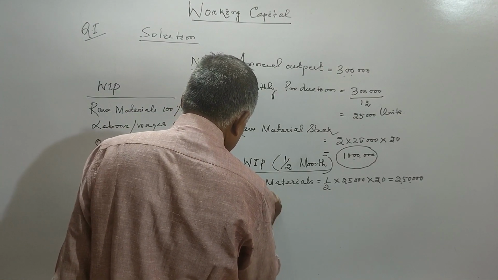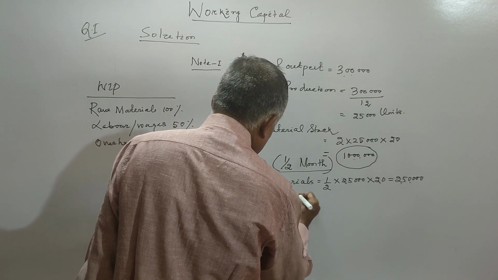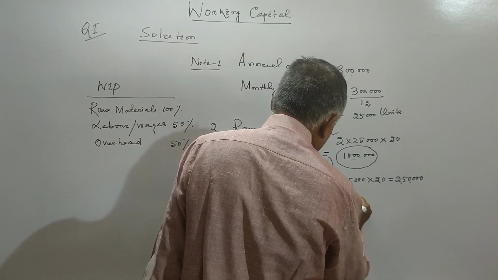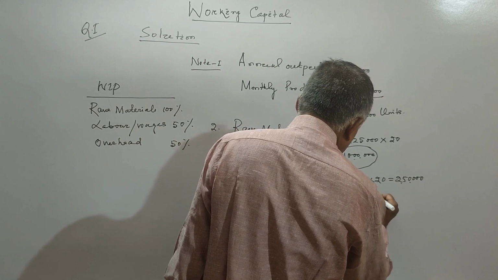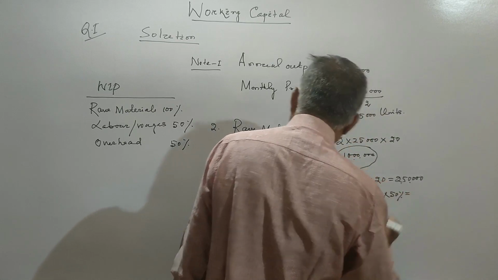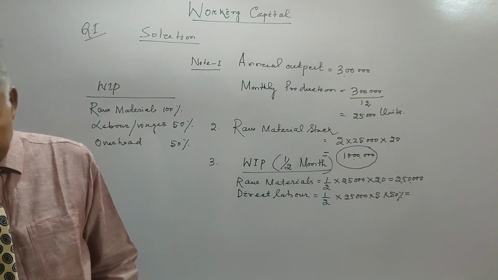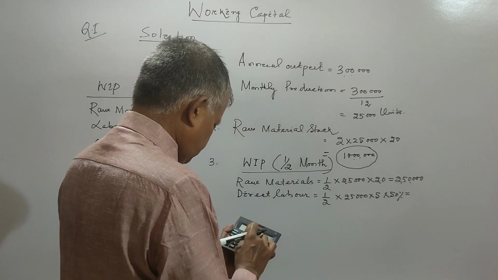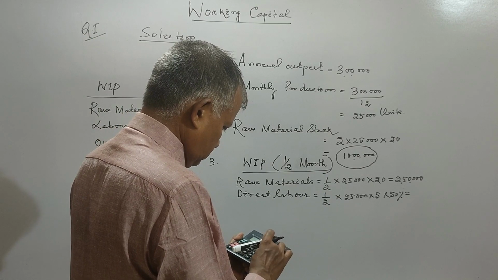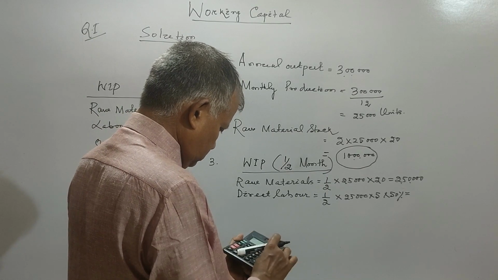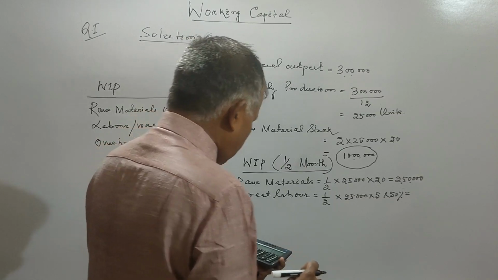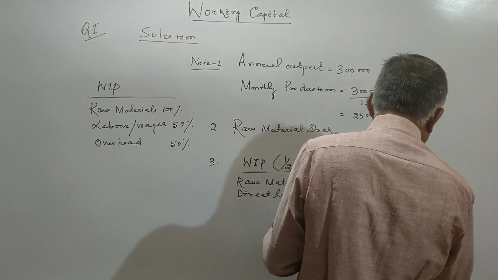So direct labor rupees 5 per unit, half, 25,000 into 5 into 50%, because it is half complete. It comes to 31,250.